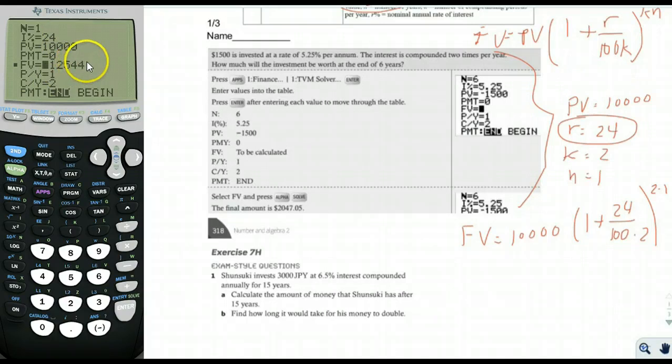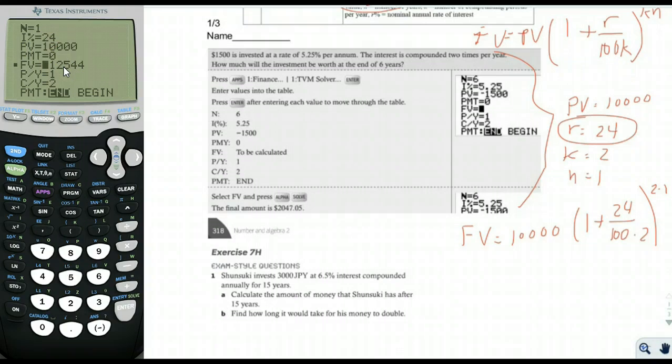Remember, it was 12,544. Now, why is it that the present value was a positive 10,000 and the future value was negative 12,544? We'll look at it from the point of what comes into your wallet is positive and what goes out of your wallet is negative. So remember, it was a loan. So the $10,000 comes into your wallet, positive 10,000 as present value.